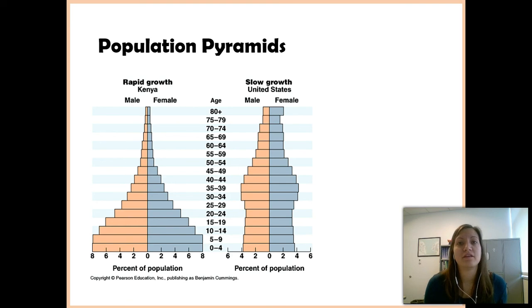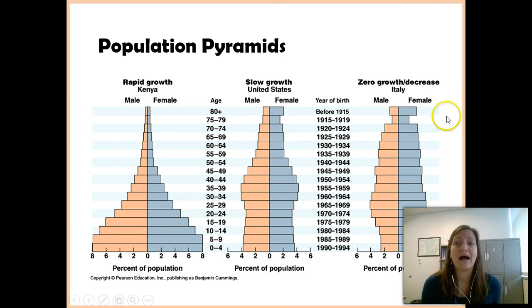You can also see the difference in healthcare between our countries: looking at that same older population, we have a lot more individuals. You can also see that females live longer than males, which is really important to note, especially if you're a government providing resources for your population.